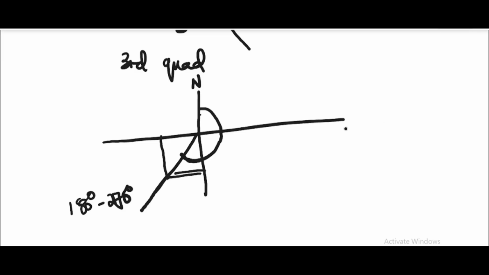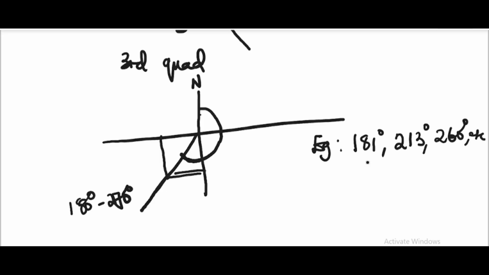Examples of angles within this quadrant, giving them in surveyor bearing, are 181, 213, 260, and so on and so forth. Now since we do not use 270, and I've told you the reason, what do we do?